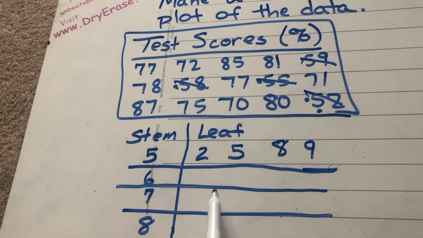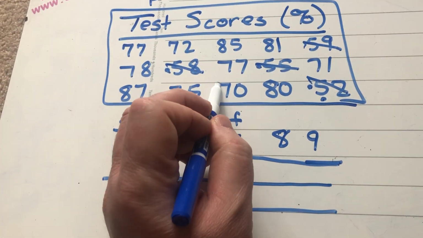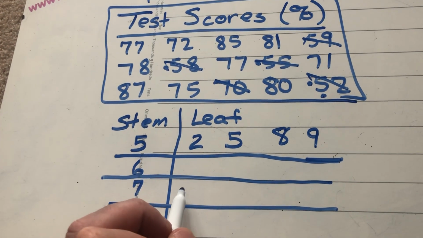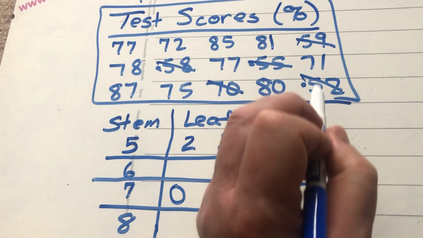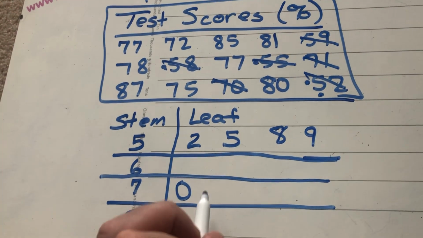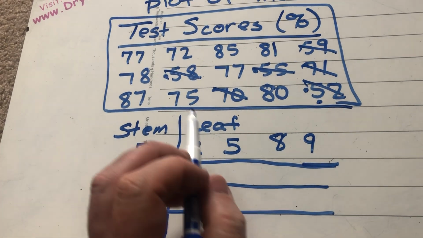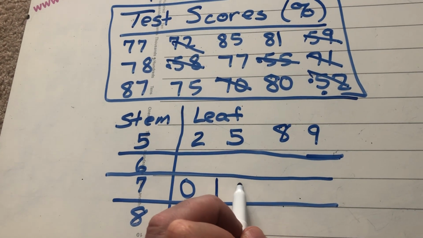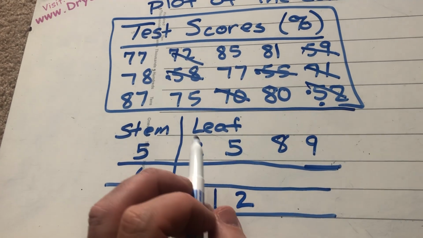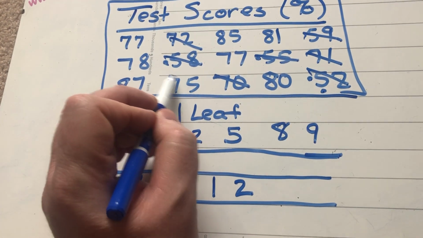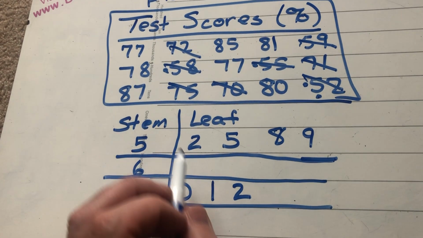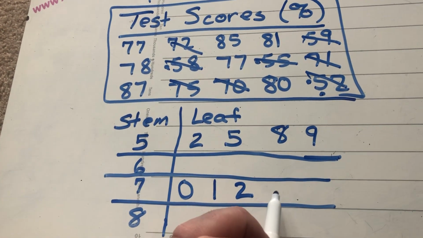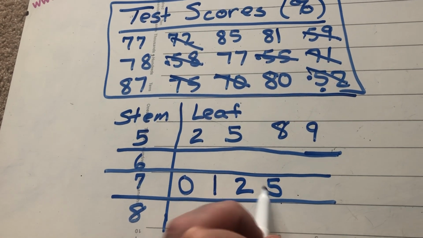I have 7s. Looks like I have 70, so I want to start with the 0. I see a 71, so I want to put a 1. I see a 72, so I have the 7 and the 2, which shows 72. Then I see a 75, so I want to put the 7 with the 5.